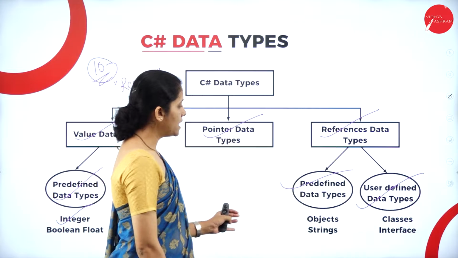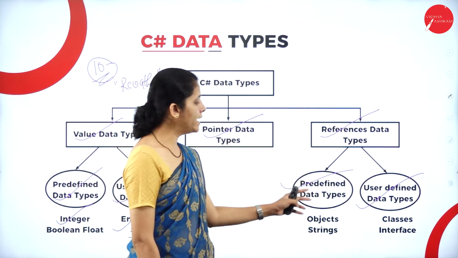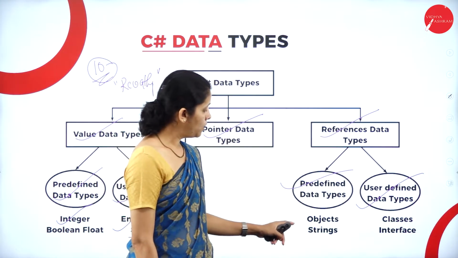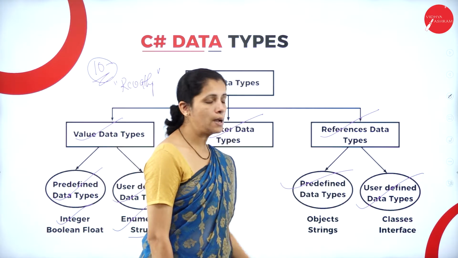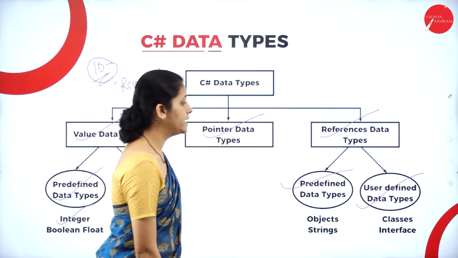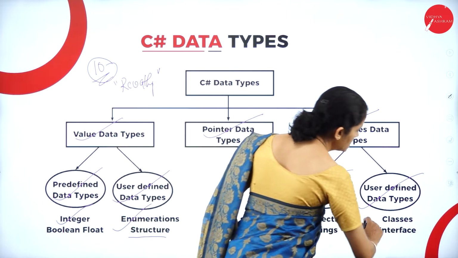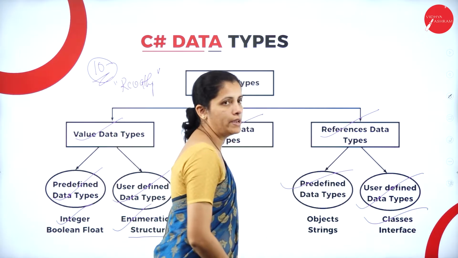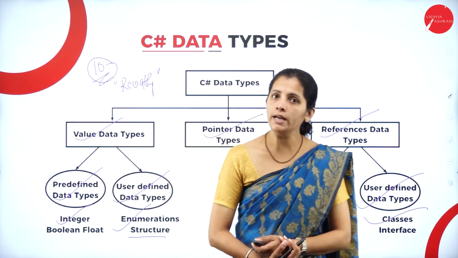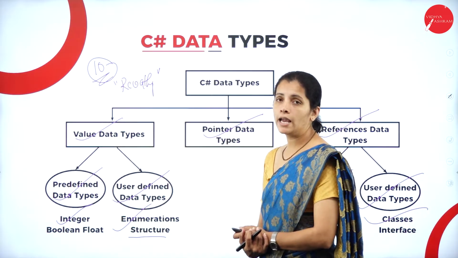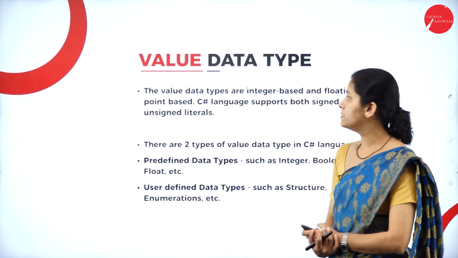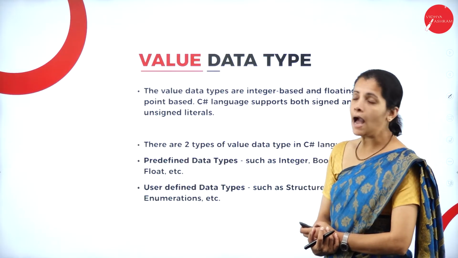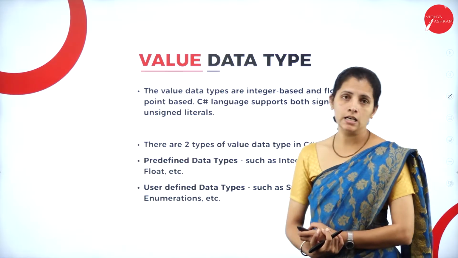Some examples of predefined data types are objects and strings, and some examples of user-defined data types are classes and interface. Anyway, dear student, let's see the types of data types one by one. So at the beginning, I have value data type.